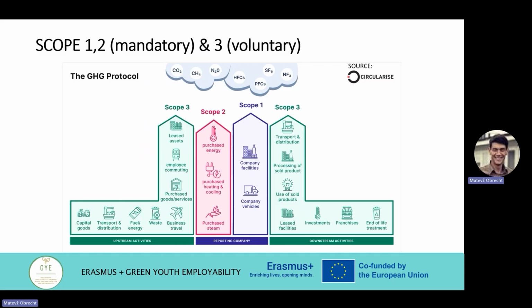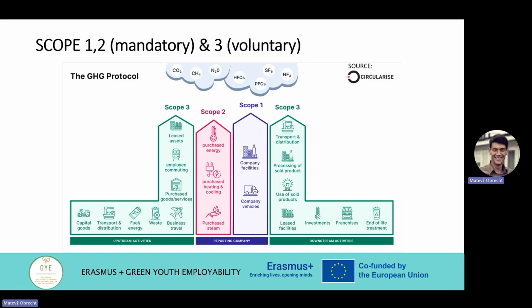Then we have scope 2 emissions. Scope 2 is the purchased energy, like heating, electricity, and steam. That means if we use electricity in our production, we don't need to produce this electricity by ourselves, but we can buy it from, for example, the market, from the grid.